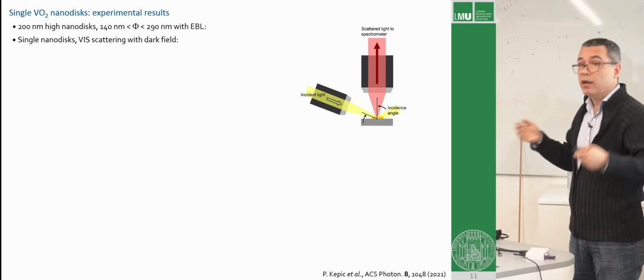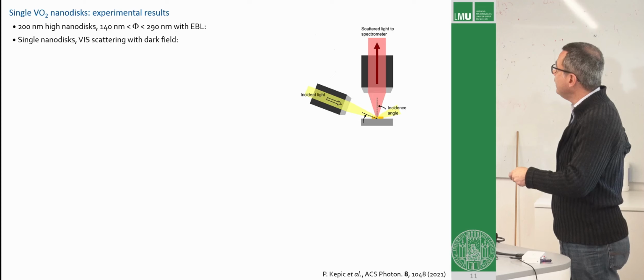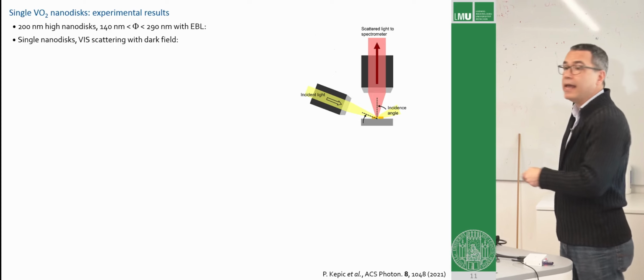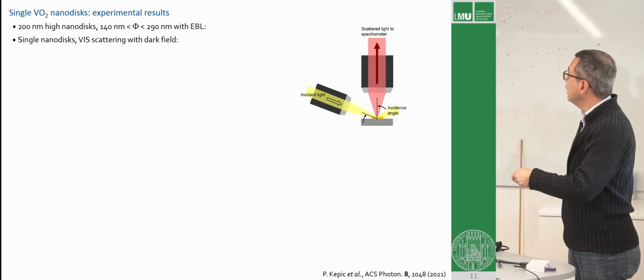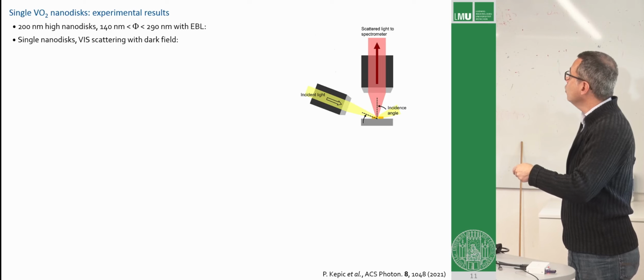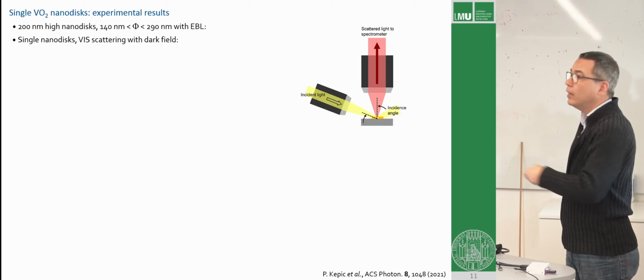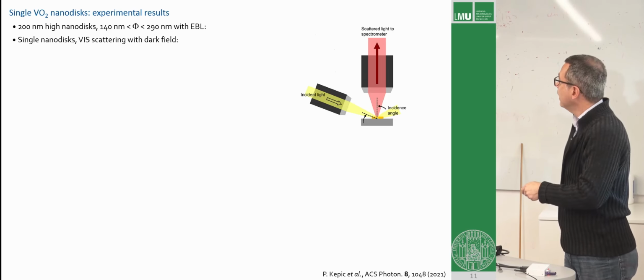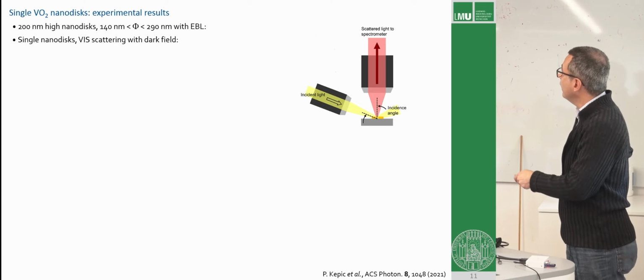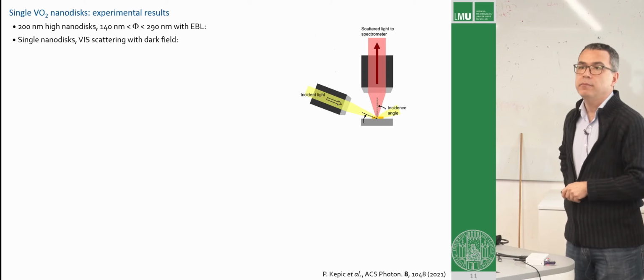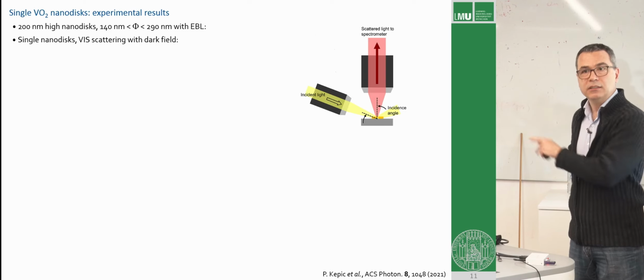And one way of doing this is simply shining light on the sample at a glazing angle, right? So that the illumination light gets reflected in this direction, and it's not collected by the collection optics. Only the light scattered by the particles, which is wavelength selective, will be collected by the optics and sent to the spectrometer, right?